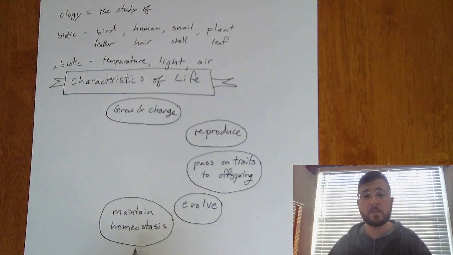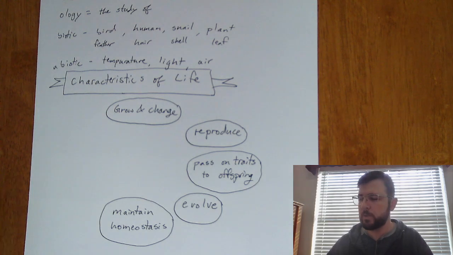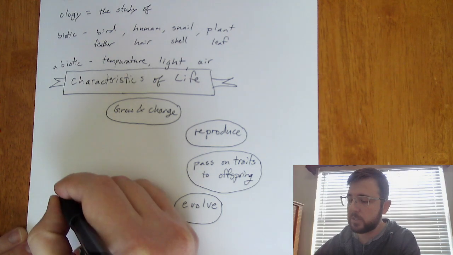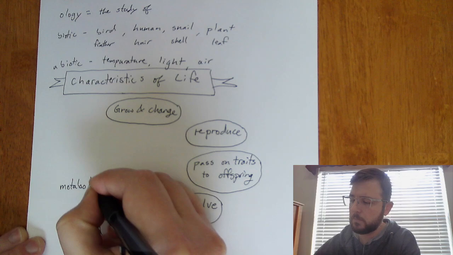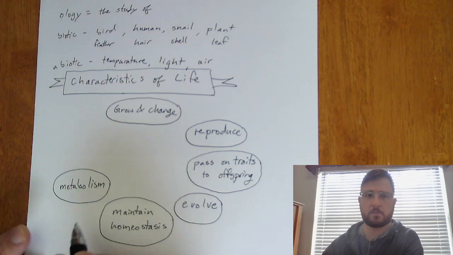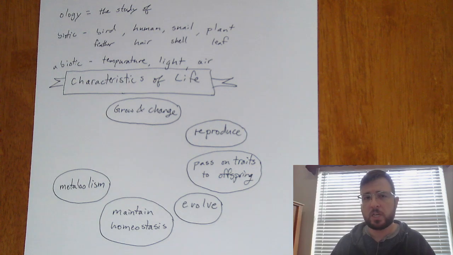In order to do this, you are a bunch of chemicals, and you do a bunch of different chemical reactions inside of your body that allow you to maintain homeostasis. And we call all these chemical reactions a metabolism. You have a metabolism that you are using to break down the food that you eat and use it for the energy to continue to live.